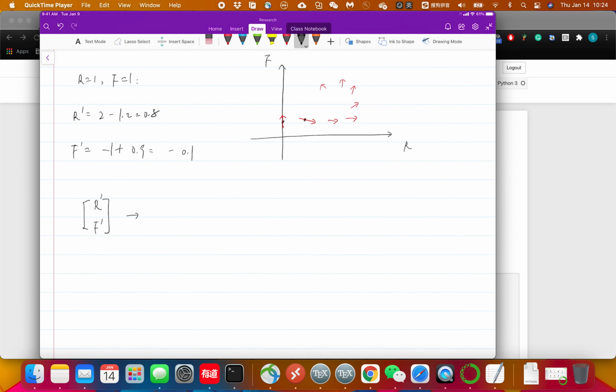So this is going to be the changing vector in the RF plane. It somehow tells us the relationship between the two populations. When rabbit goes up, maybe fox goes up, and when f goes up to extreme, then the rabbit should go down, things like that. So this is more about the interactions between the two variables.